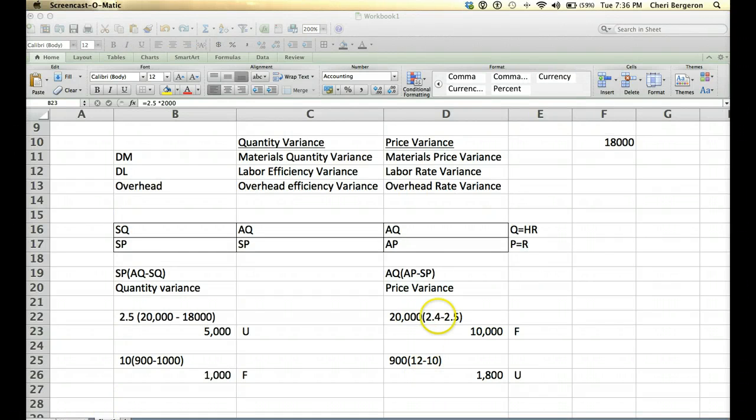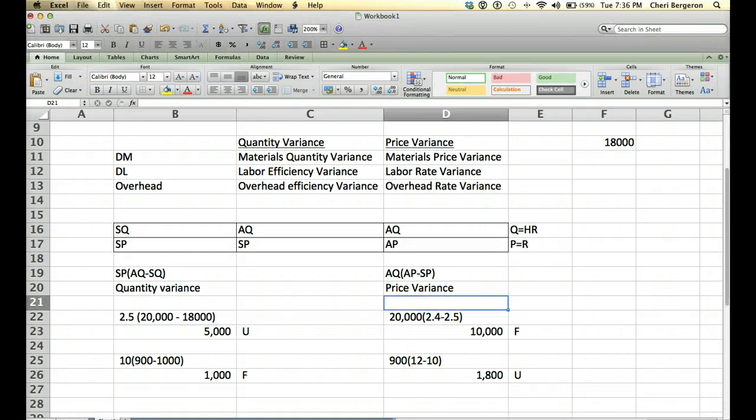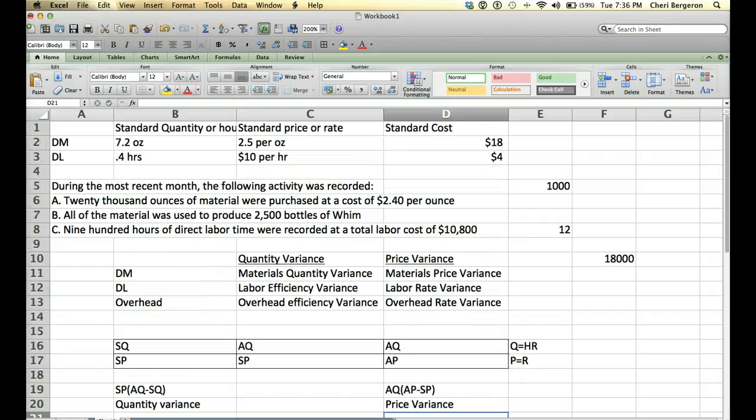All right, so next I'm going to be looking at my price variance for direct materials, and it's going to be the AQ times AP minus SP. When I look for my actual quantity of direct materials, I'm going to be looking through this actual information. So my actual quantity is the 20,000 ounces of materials that were purchased and used.